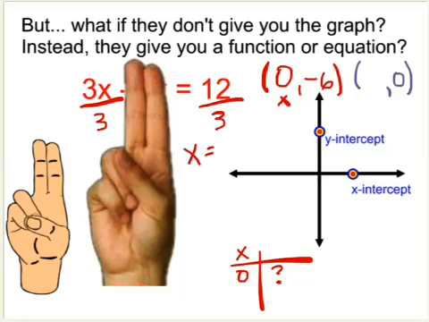We get x equals 4, and that's what we're going to put in right here for x equals, because this after all is an x position. So we now have our two intercepts, 0, -6 and 4, 0.